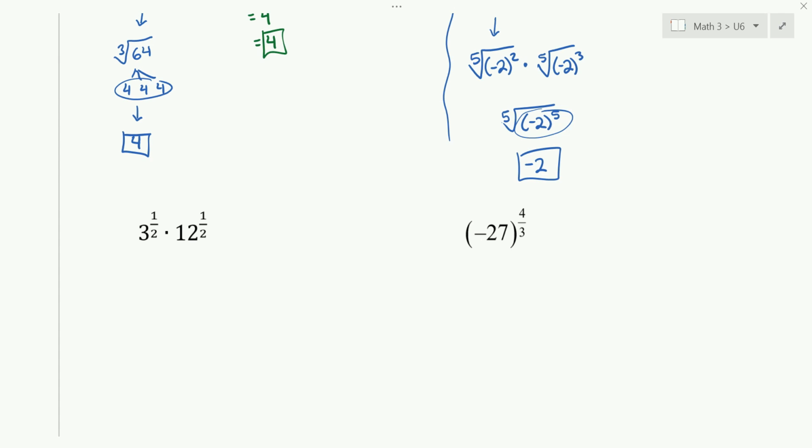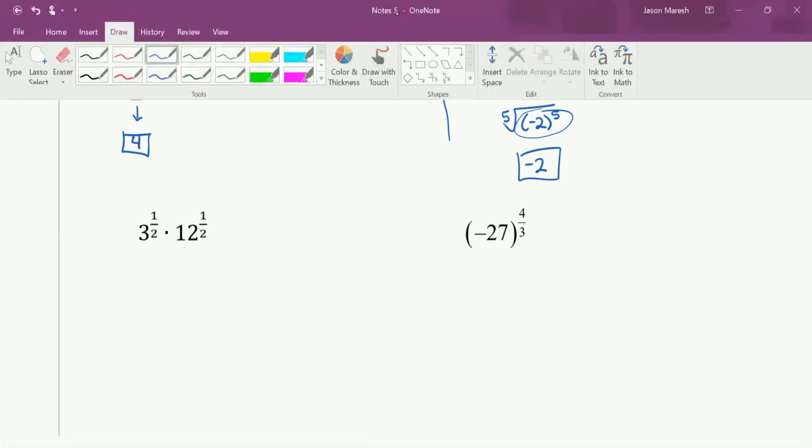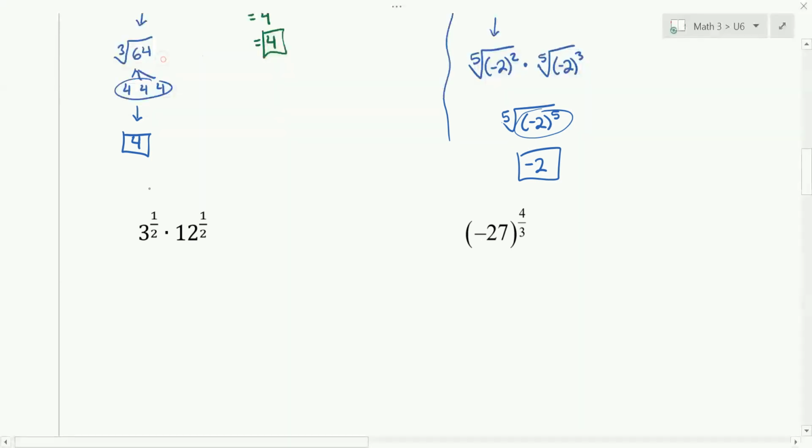We're going to have to convert it back to square roots in this case. So this is the square root of 3 times the square root of 12, and when you multiply those together, you get the square root of 36, which is 6.